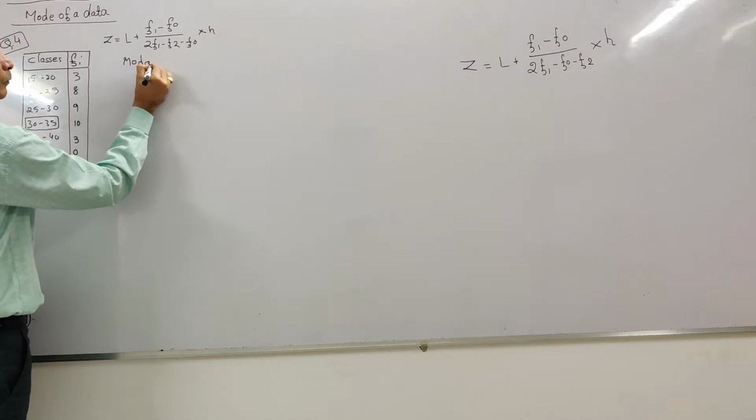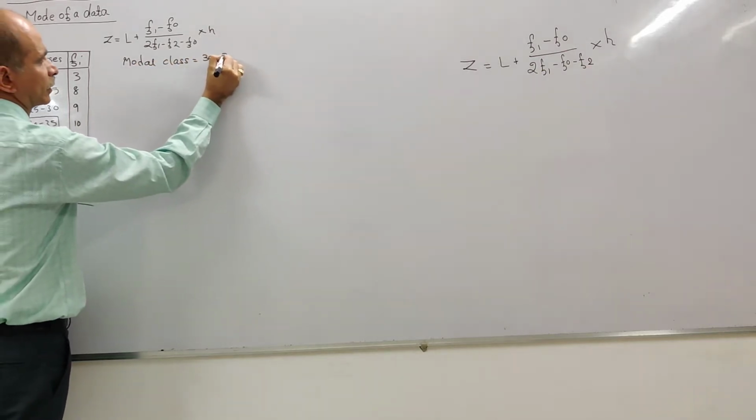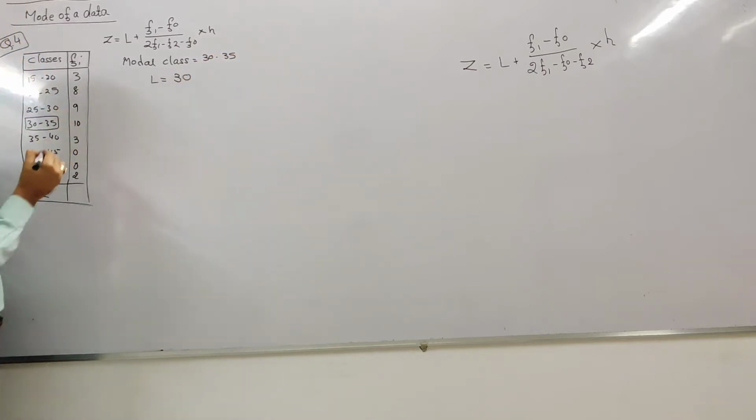So the modal class is 30 to 35, and that's why your L is equal to 30.